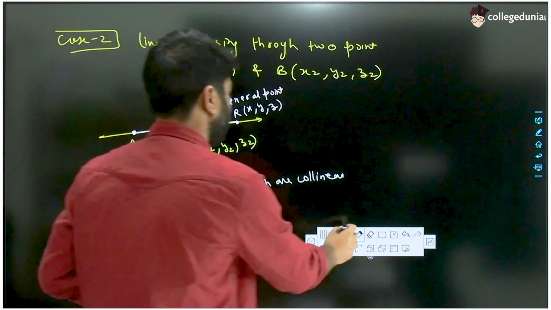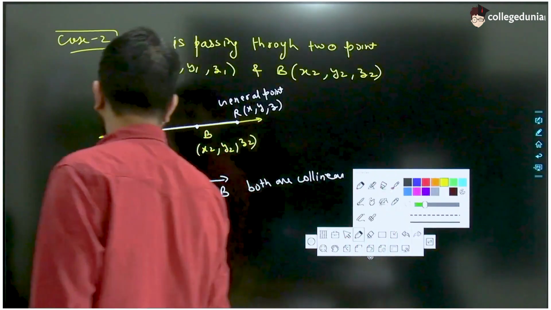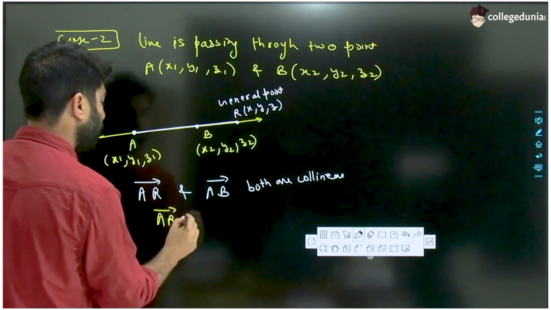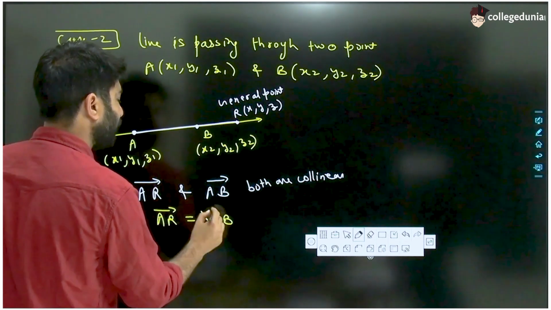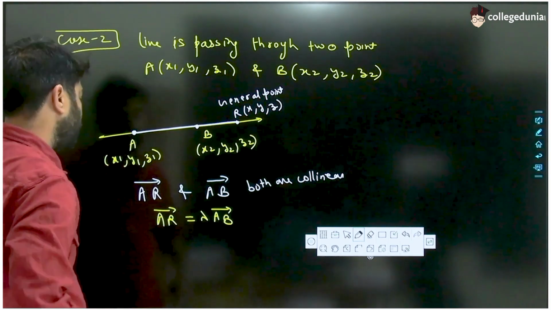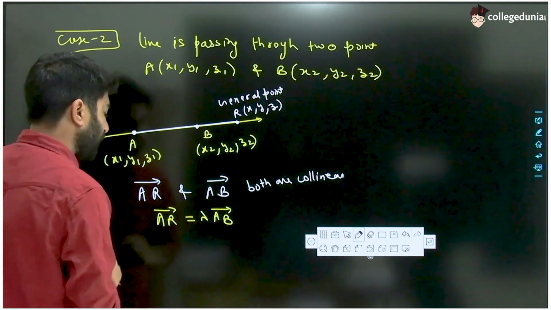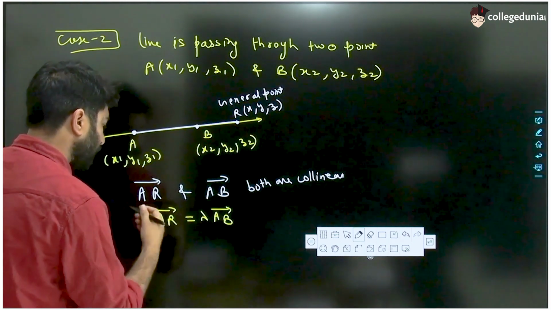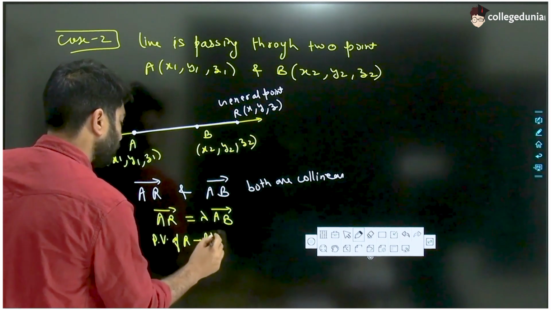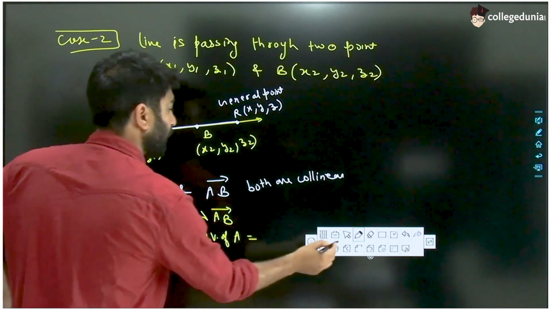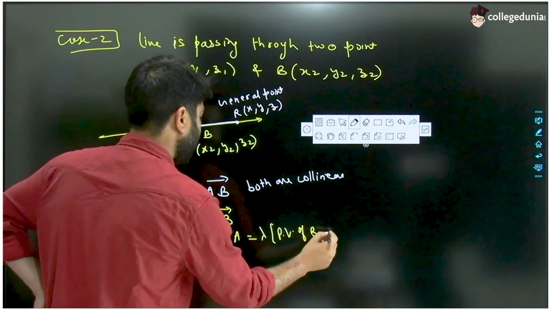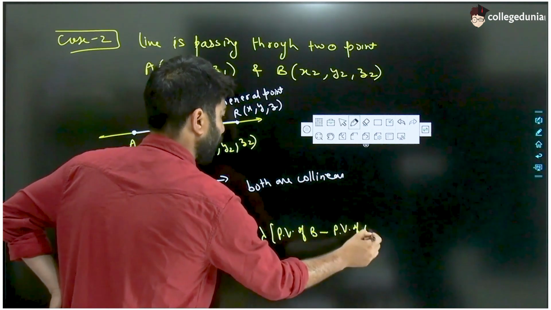Again, the same rule: whenever two vectors are parallel or collinear, one vector will be lambda times the other. So AR vector is equal to lambda times AB, and this AR can be written as the position vector of R minus the position vector of A, which is equal to lambda times the position vector of B minus the position vector of A.